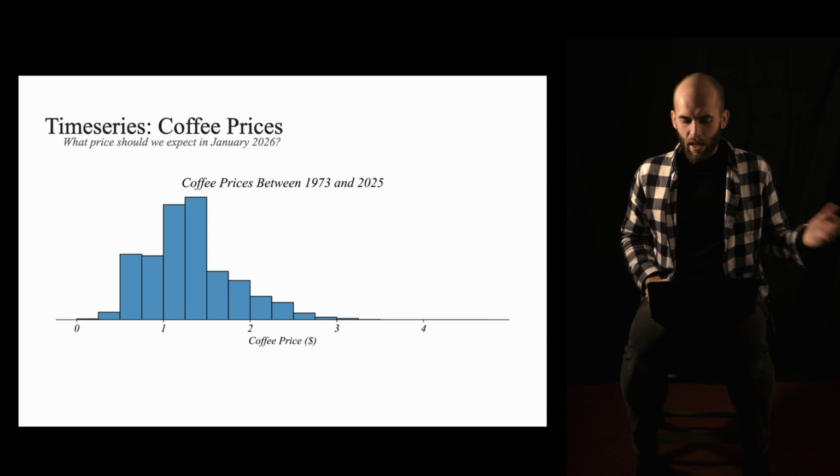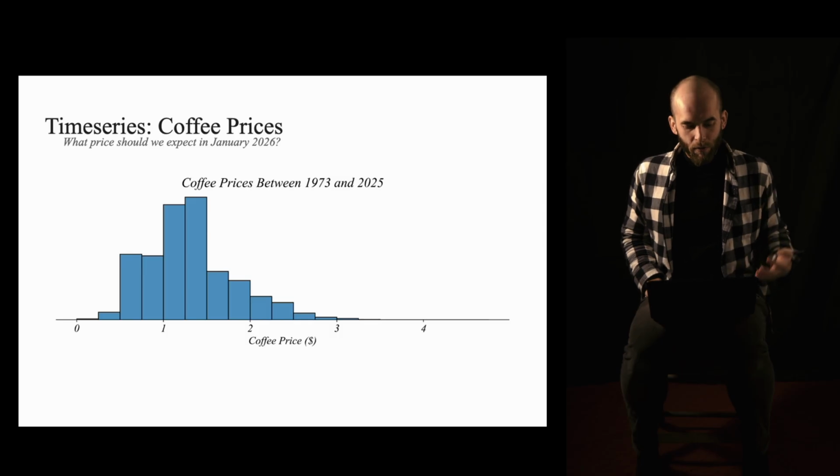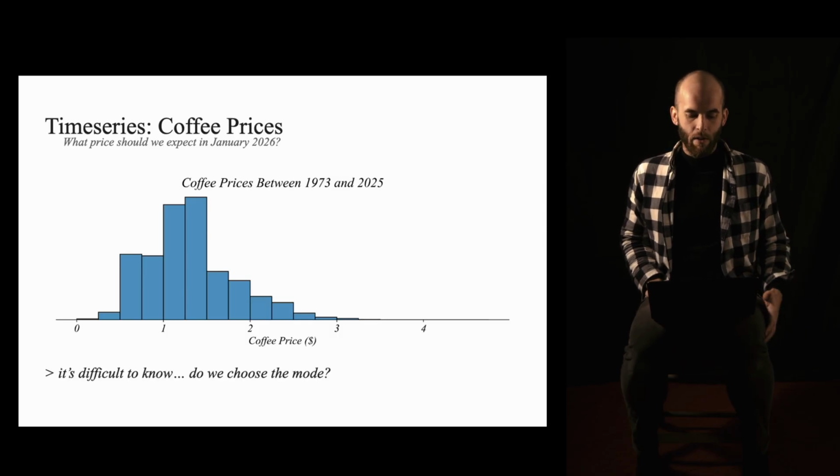Like if I were thinking about what to expect for January 2026, what should I expect, just looking at this figure? And so you can already feel this isn't necessarily the right visualization to summarize our data for our question. Maybe you pick the mode, the most common value.